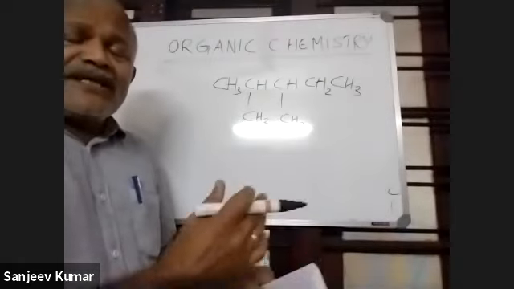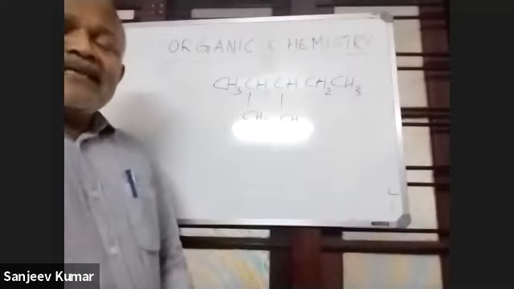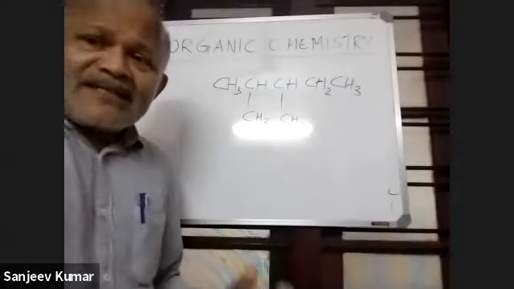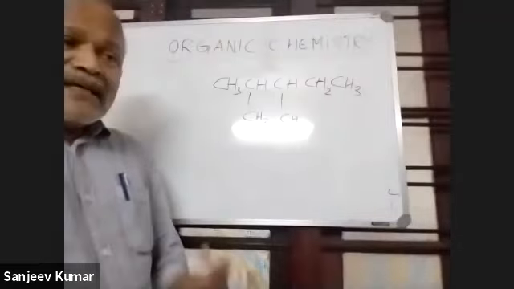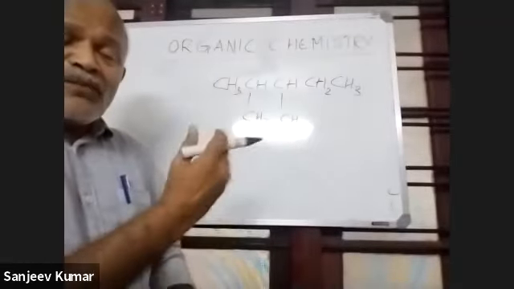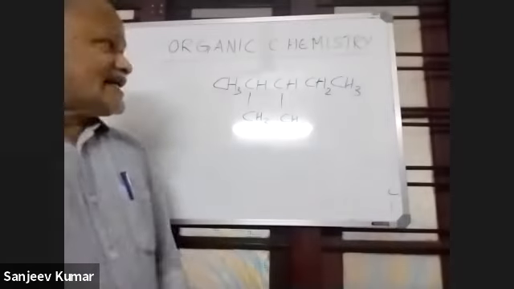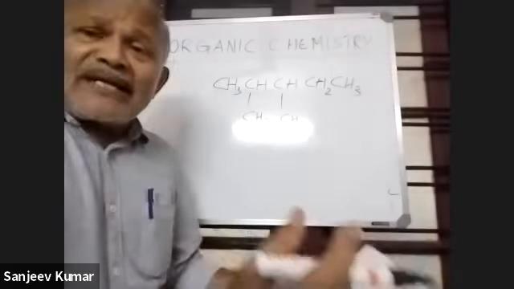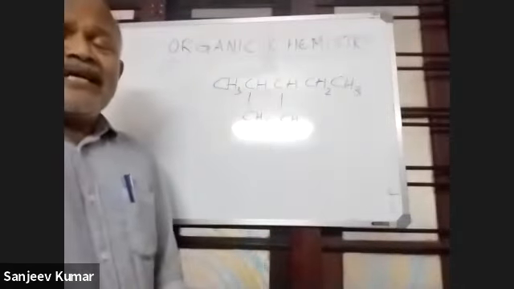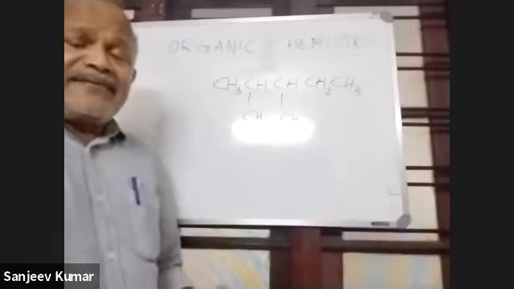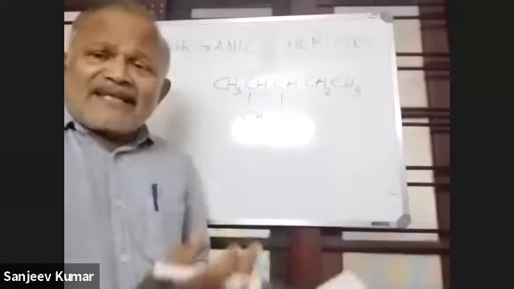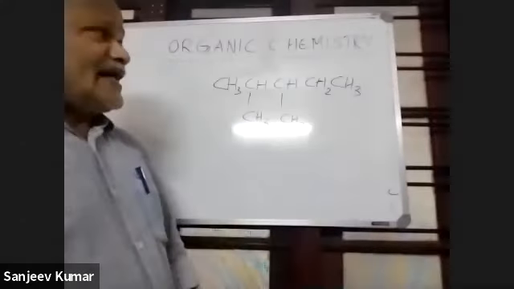In propane, CH3CH2CH3, the CH3 groups are primary and the CH2 is secondary because it is bonded to 2 other carbon atoms. Similarly, a carbon bonded to 3 other carbon atoms is tertiary, and one bonded to 4 other carbon atoms is quaternary.